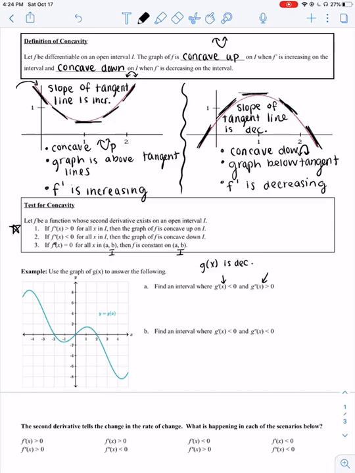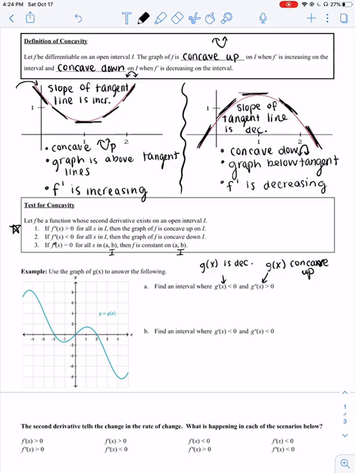If it's negative, it's decreasing. For the second derivative, if that's positive, then the original function is concave up. And if that second derivative is negative, then the original function is concave down.